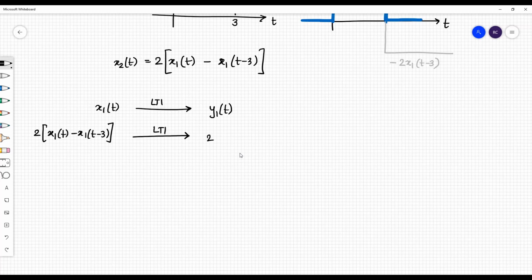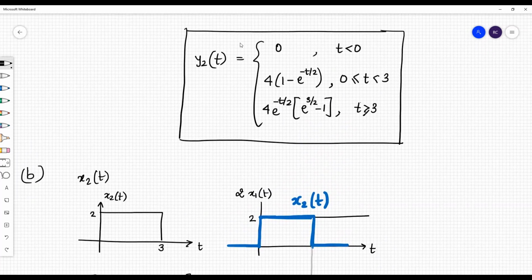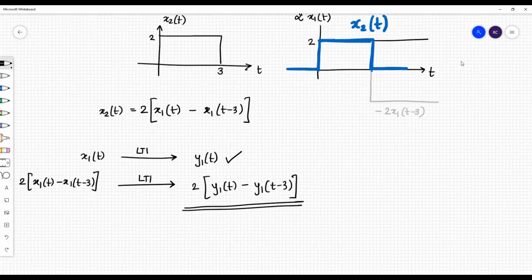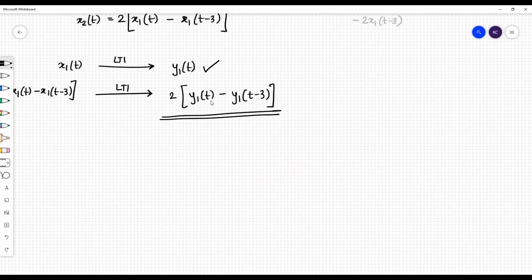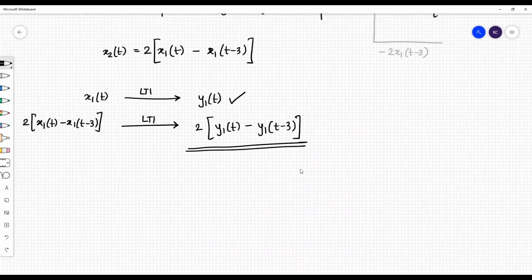Because it's an LTI system, it should give twice of y1(t) minus y1(t-3). Right? We already know what is y1. So part B of this question asks us to verify whether this is actually the same as what we got here. Okay? If this y2(t) is the same as 2y1(t) minus y1(t-3).